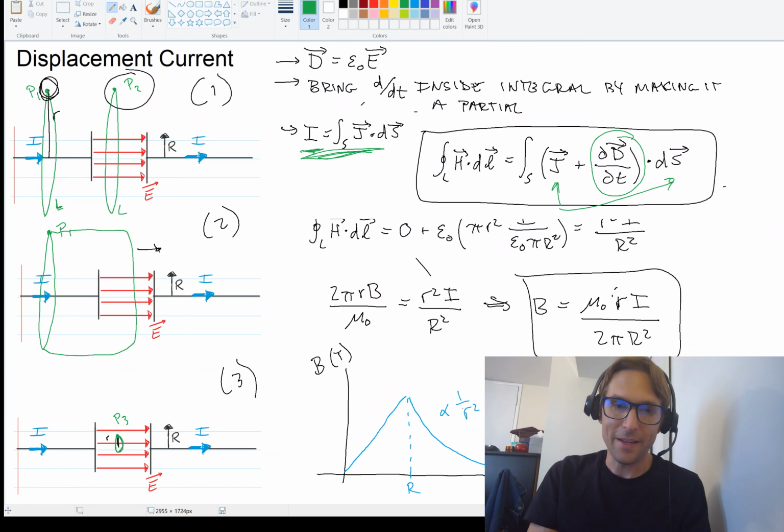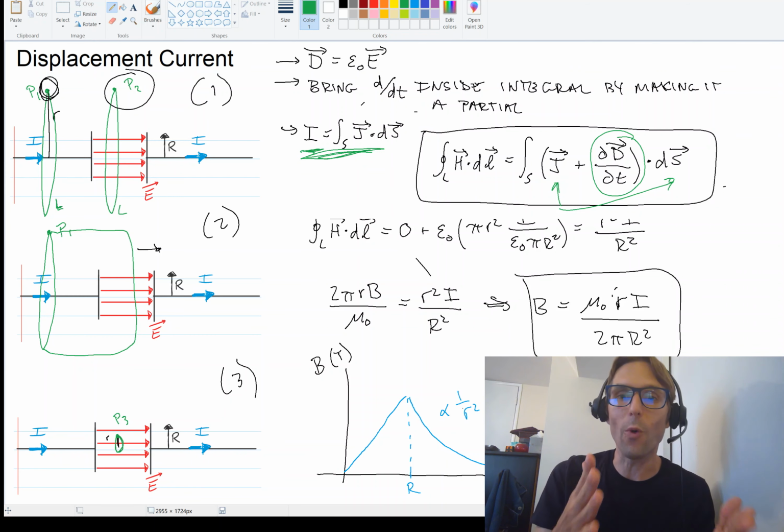Maxwell predicted that a consequence of this amendment is that radio waves should exist. Why is that? Well, the magnetic field and the electric field are now mutually reinforcing. If you have a changing electric field, it creates its own changing magnetic field. That in turn creates its own changing electric field, and the process repeats indefinitely. So you should now have waves that can exist in free space.